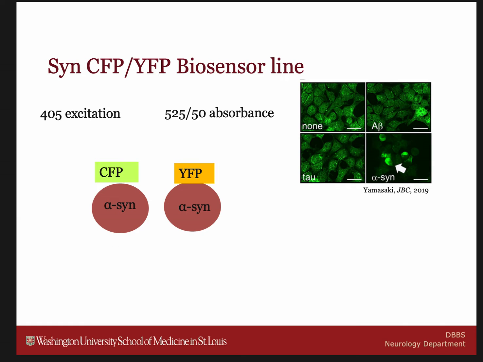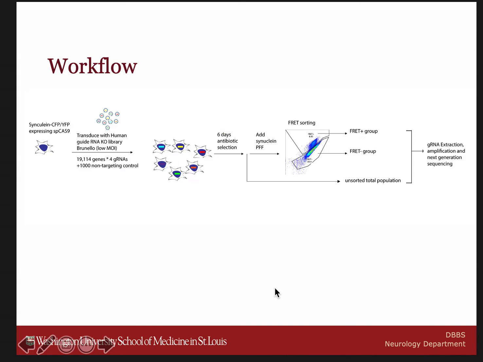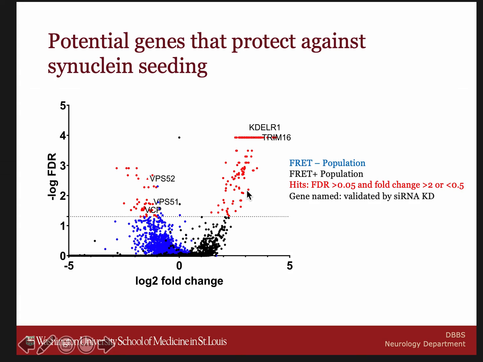We call the spreading of those proteins the seeding events. So we use a FRET biosensor line called the alpha-synuclein CFP-YFP sensor line. It generates FRET signals when alpha-synuclein aggregates, to monitor the aggregation events. Using this platform, we generated a library containing more than 90,000 different guides and sorted out the gene factors that affect alpha-synuclein seeding.